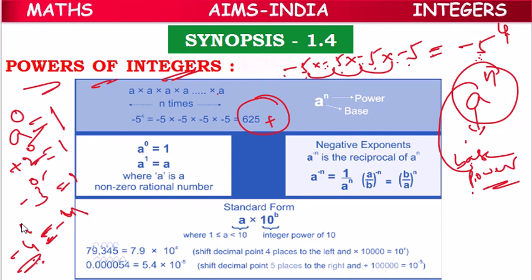Minus 4 power 1 equals minus 4, or 3 power 1 equals 3. Here, a should be a non-zero rational number.